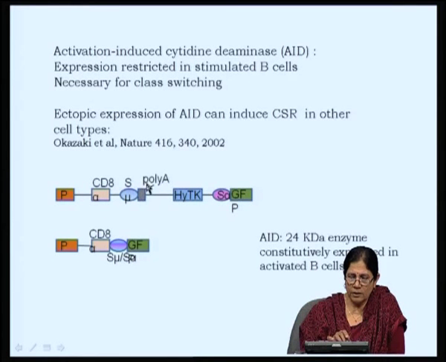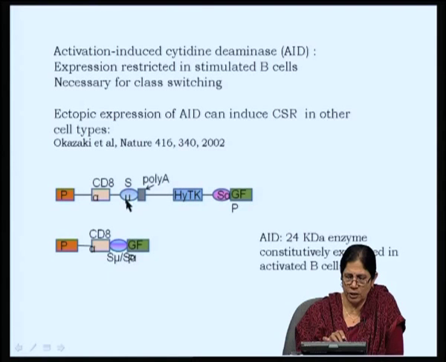Now, there are 2 switch regions, the one for S mu, of the heavy chain of IgM, and the switch region for alpha. There is a polyadenylation signal on the 3 prime side of the C mu.